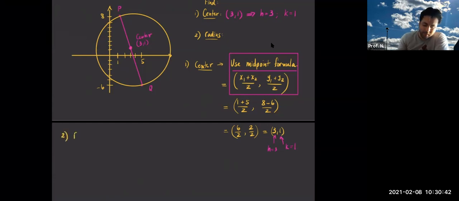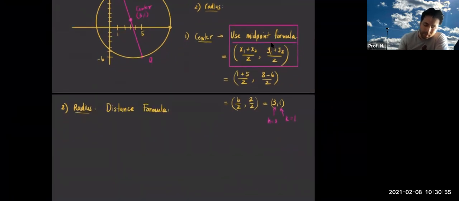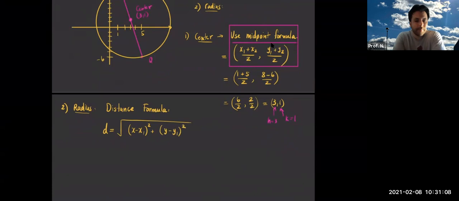So to find a radius, you must use what's called the distance formula. What is the distance formula? D is equal to the square root of x2 minus x1 squared plus y2 minus y1 squared.